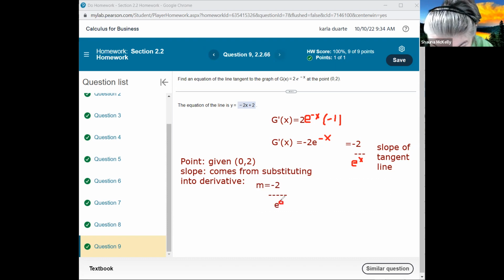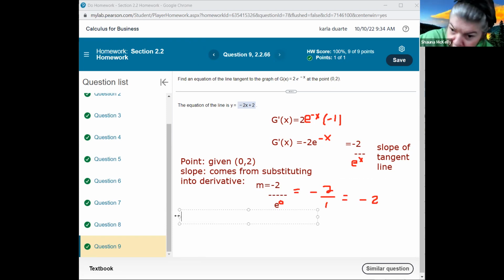So this is simply -2 over 1, which is -2. Okay, so my slope is -2. So I have my point, I have my slope. Now the third thing I need is my b, and there are different ways to go. If you do it this way, you need b.